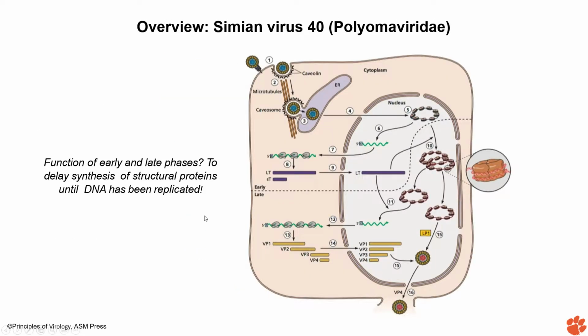So here we are looking at the polyomavirus, and what we are seeing right here, the genome is first making the transcript mRNA, and it goes into the cytoplasm and it makes two proteins, an LT, large T antigen, and an ST, small T antigen. This LT is transported back into the nucleus, acts as a transcriptional enhancer or regulator, and makes the second round of mRNAs, which makes the viral structural proteins.